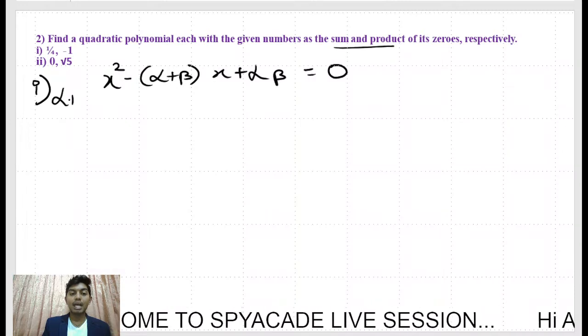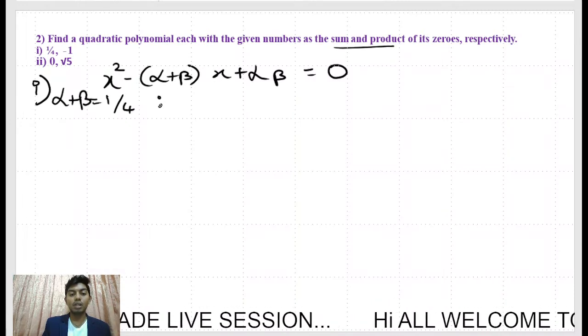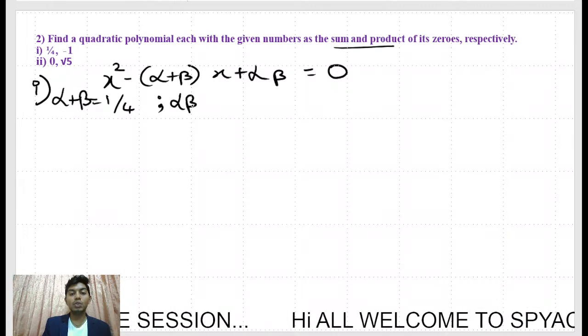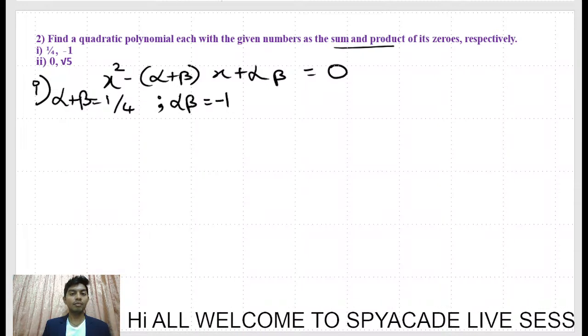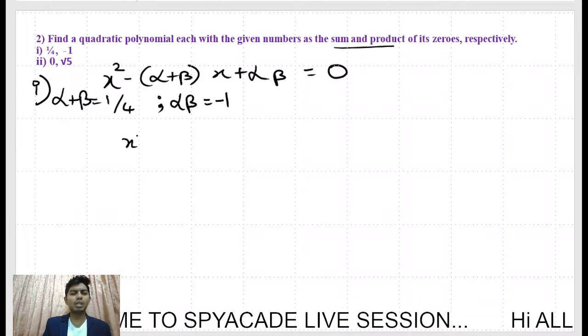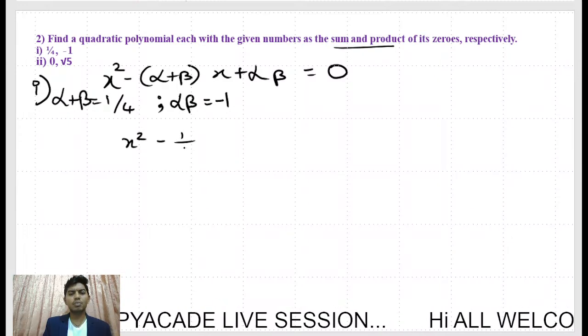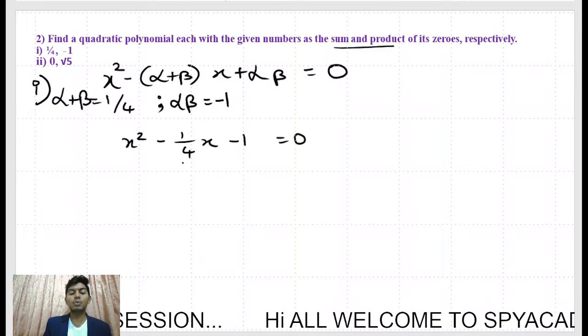So which means alpha plus beta is equal to 1 by 4, and alpha into beta is equal to minus 1. Is that clear for everyone? Yes, now you just substitute it here. x square minus 1 by 4 x minus 1 is equal to 0.